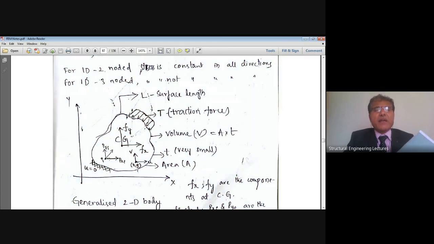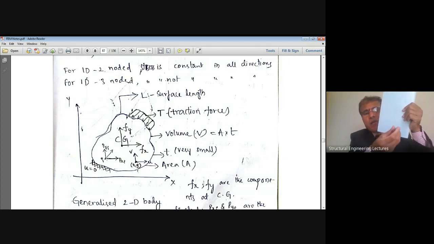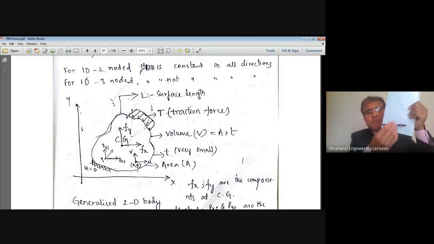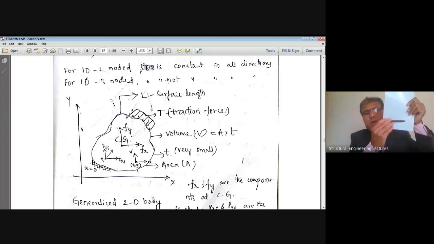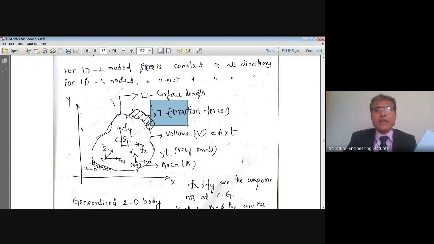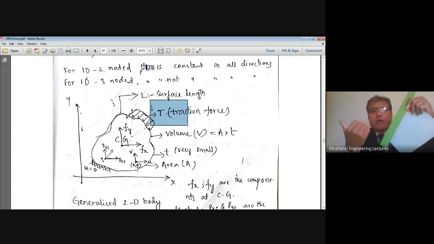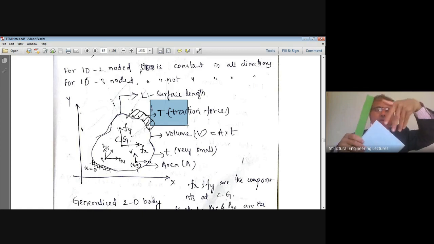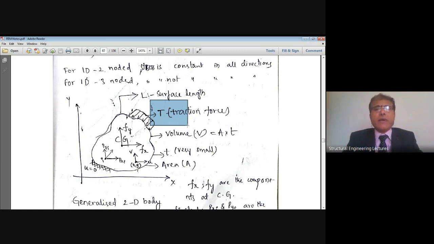Let us say at some point i a concentrated or point load is acting, which can be split into the Cartesian directions as pxi and pyi respectively. Even the traction forces T, which sometimes may be inclined to the xy plane, can be split into their equivalents in the x and y directions, tx and ty respectively.